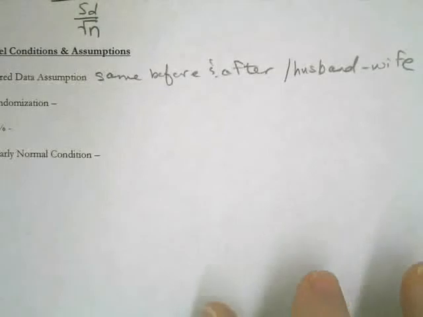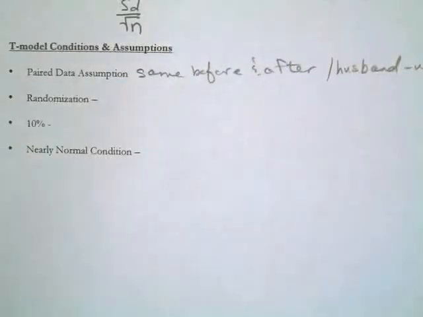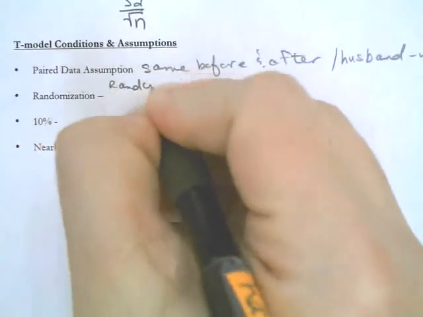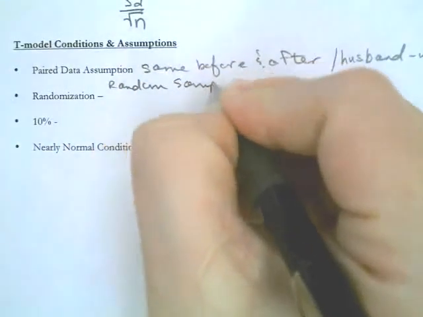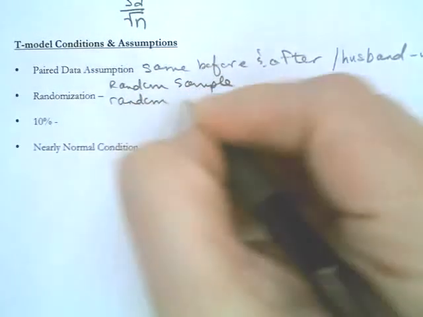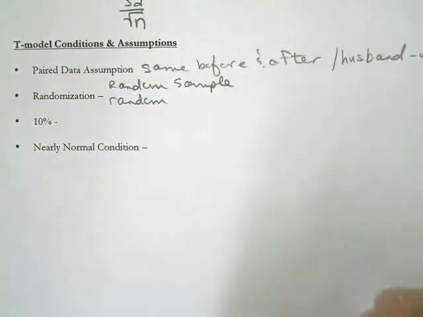And then random. There's a lot of places this can be random. It could be a random sample. It could be a random treatment. Maybe the sample's not random, but you assign groups random treatments.